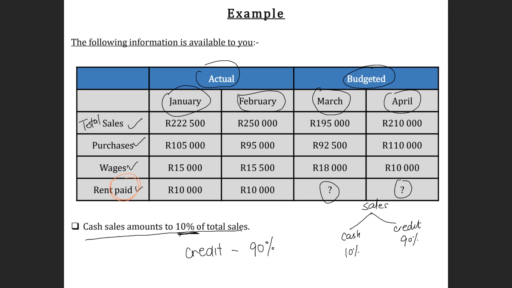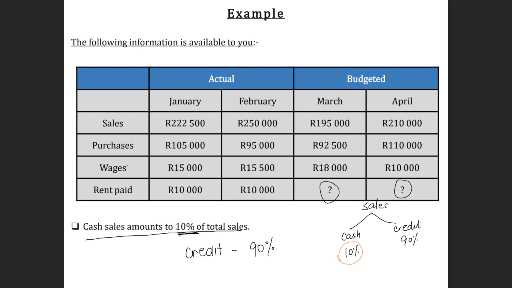So for the months of March and April, you're going to take March and April's sales in total. So yes, this is a total figure. You're going to work out only the portion that is in cash. So we're concerned with just the 10%.